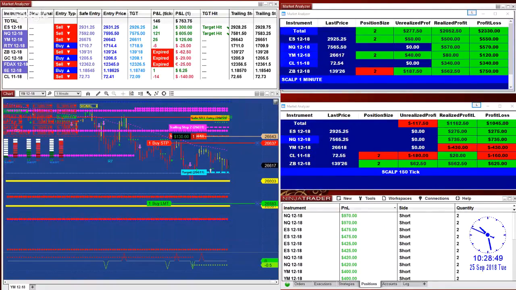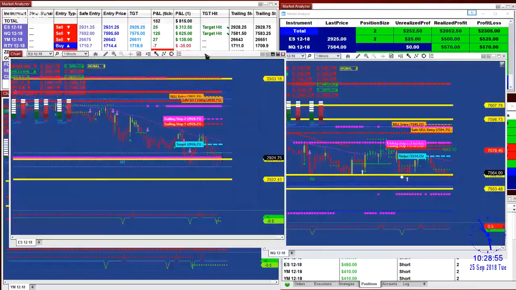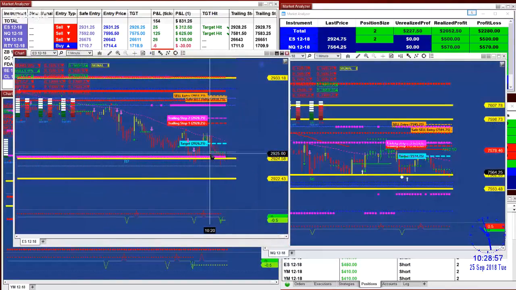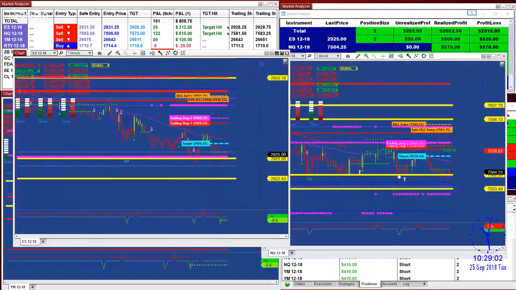Let me go back to the ES story and the Nasdaq. That's why we told you not to trade it. Look at this. There is nothing. This is where, sadly, if you are auto trading, you will be losing money.